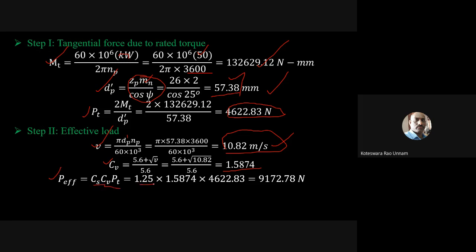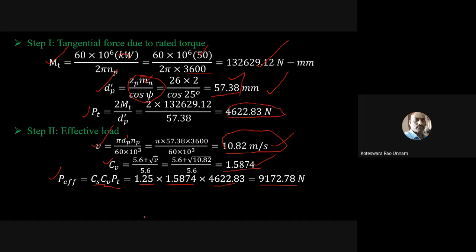CS is 1.25 given. CV just now computed as 1.5874. And this PT is already calculated as 4622.83. If you substitute this, you'll get the effective load as 9172.78 newtons.